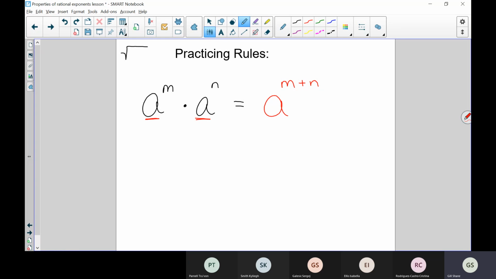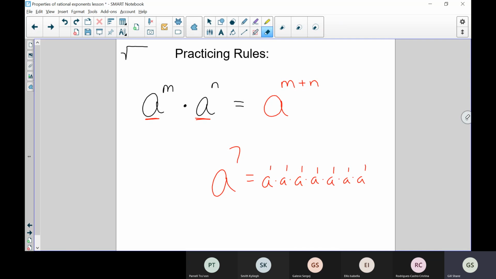This is by far the most important rule, just like I talked about earlier, because if you just understand that a to the 7th means a times a times a times a times a times a times a, and if you understand that every number or variable or anything has an exponent of 1 on it, even if you don't see one there, if you understand those 3 things, you don't have to memorize all the other rules.